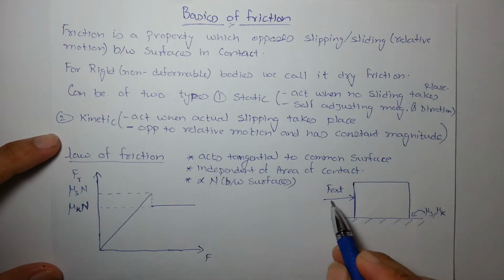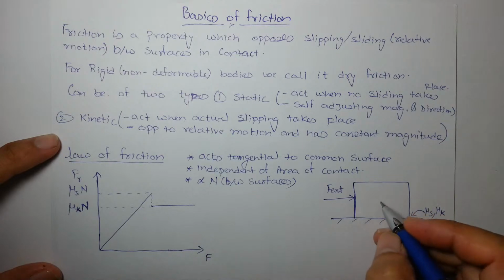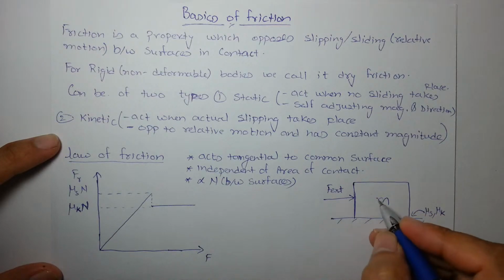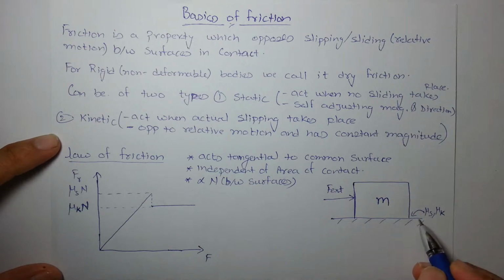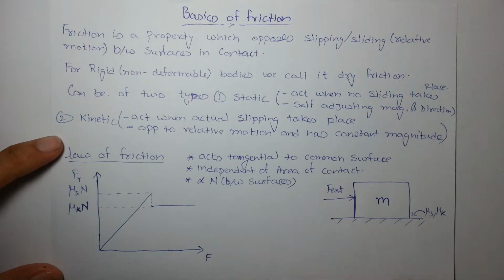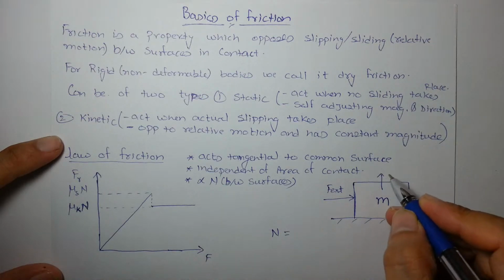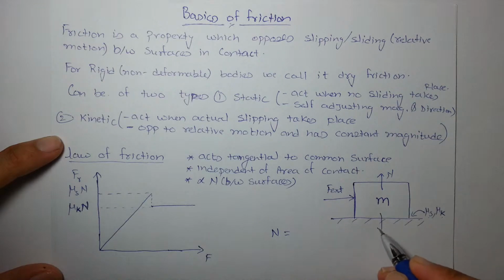This diagram explains everything I told you. There is a block, let's say of mass m, resting on a rough surface having coefficients of friction mu s and mu k, and an external force F external applied. The first thing to do in friction questions is find the normal reaction. Normal reaction in this case is nothing but mg.